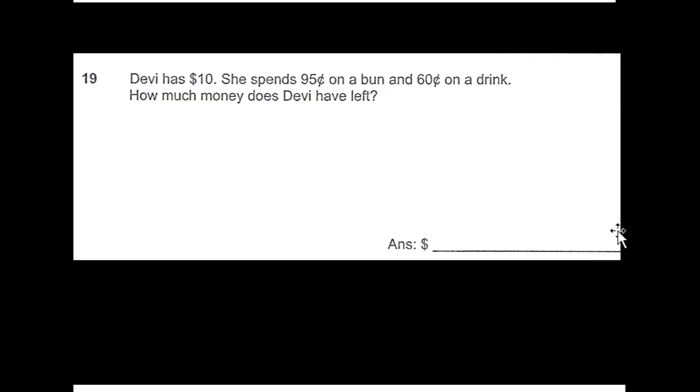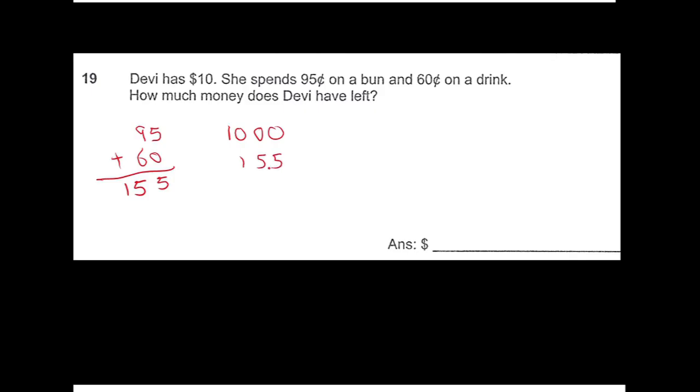Question 19. TV has $10 and she spent 95 cents on a bun and 60 cents on a drink. How much does TV have left? First we find out how much she spent: 95 cents plus 60 cents. 5 plus 0 is 5. 9 plus 6 is 15, so it's 155 cents. She initially had $10 or 1,000 cents.